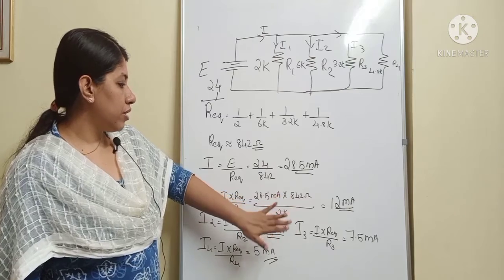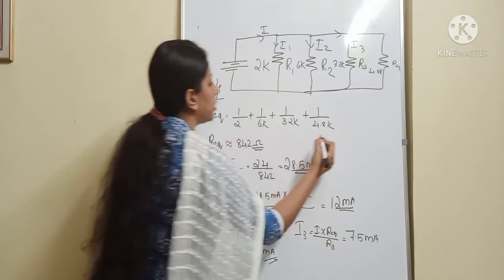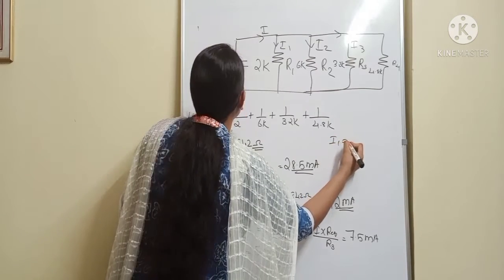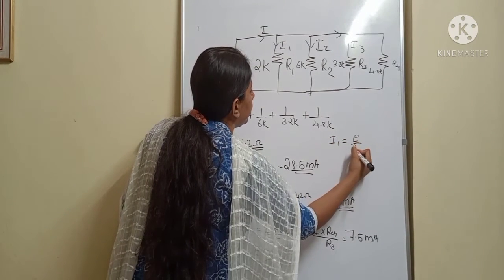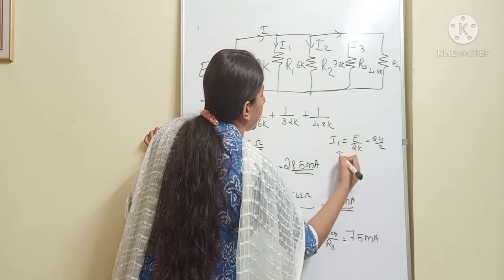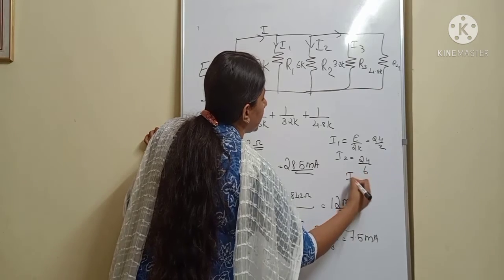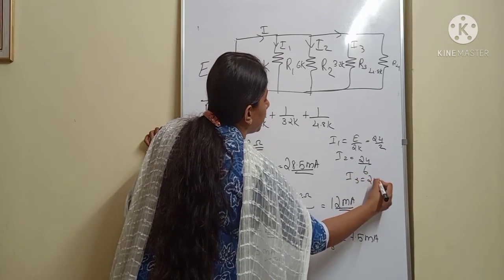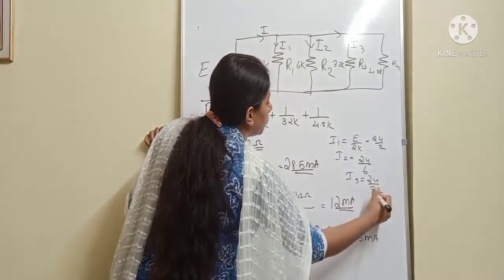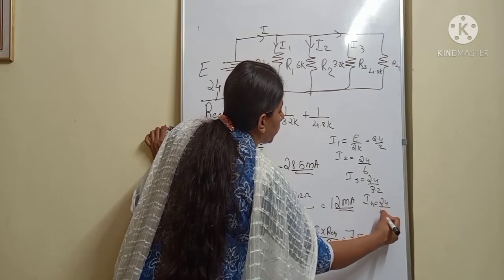But this is a complicated method. You can easily solve this by simply finding the branch current. You can find the branch current by E by R: I1 is 24 divided by 2 kilo ohm, and I2 will be equal to 24 divided by 6. I3 will be equal to 24 divided by 3.2, and I4 is equal to 24 divided by 4.8.